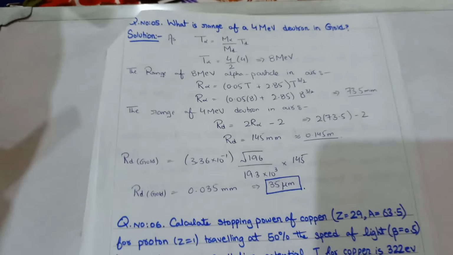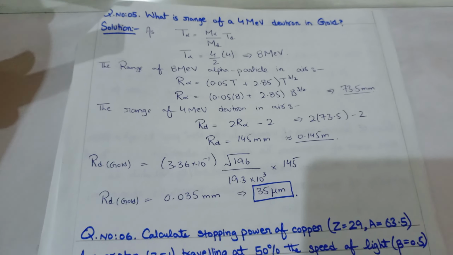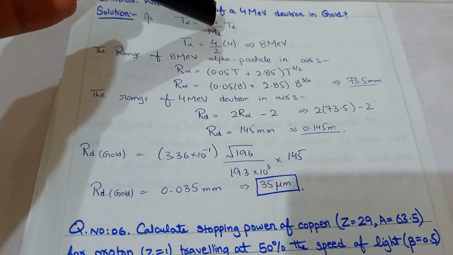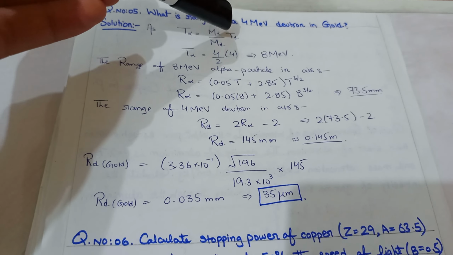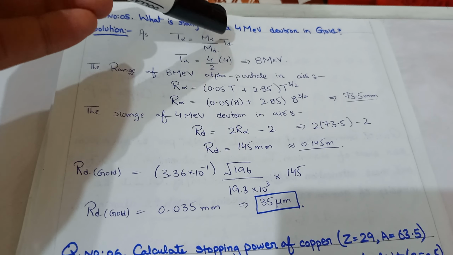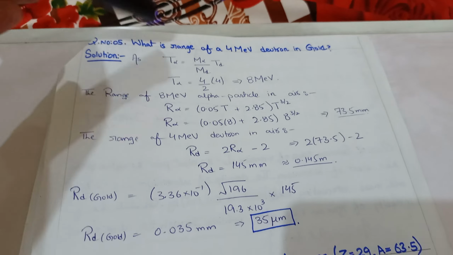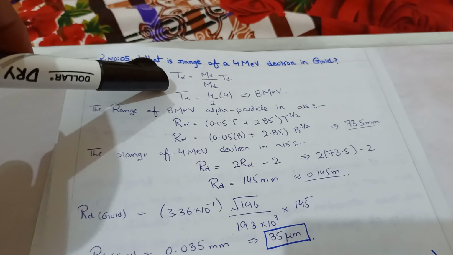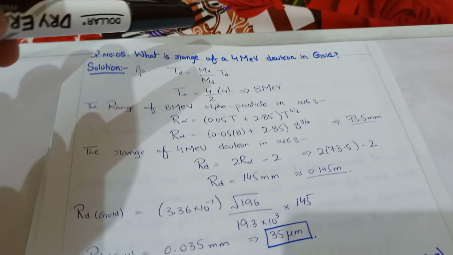So here you can find the range basically, and there is a formula for the alpha particle, which is the ratio of m alpha divided by m for deuteron, basically equal to the energy ratio for deuteron. Basically this is the ratio of energies divided, equal to the masses ratio, because first of all we need the energy.